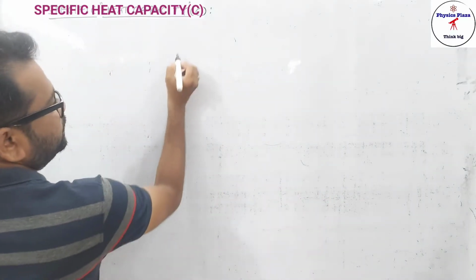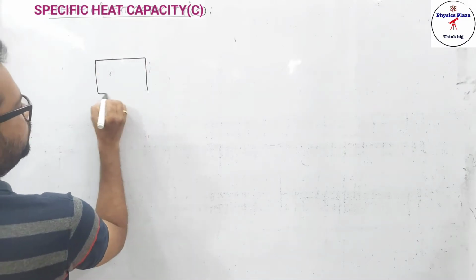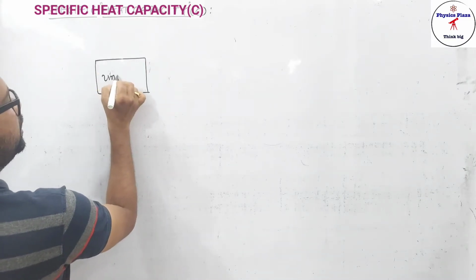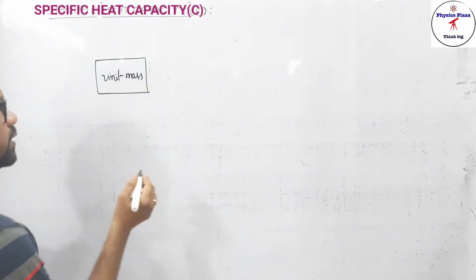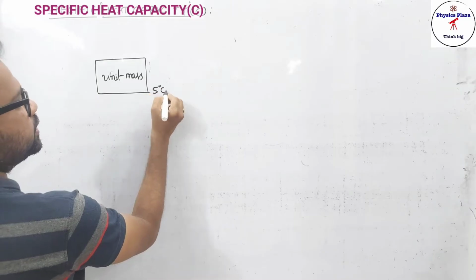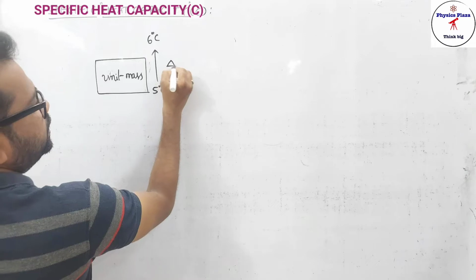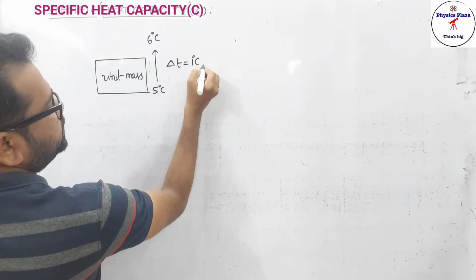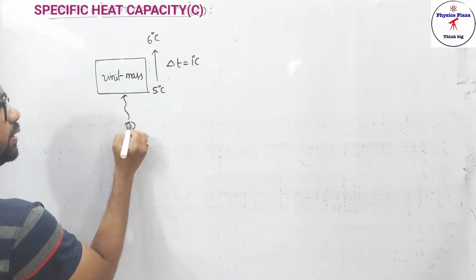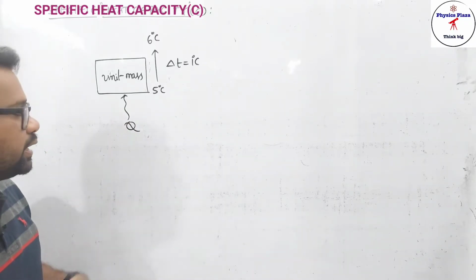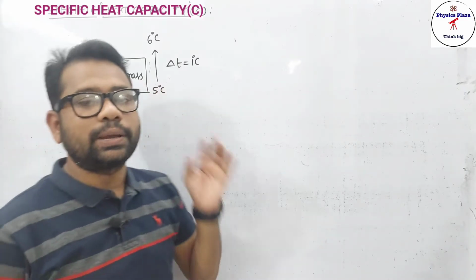Suppose some unit mass of a substance, strictly unit mass only, is taken, initially at 5 degrees Celsius. Now, we want to raise it to 6 degrees Celsius, which means the rise in temperature is 1 degree Celsius. To do so, we have to provide some amount of heat. This amount of heat energy required, we can call it the specific heat capacity.